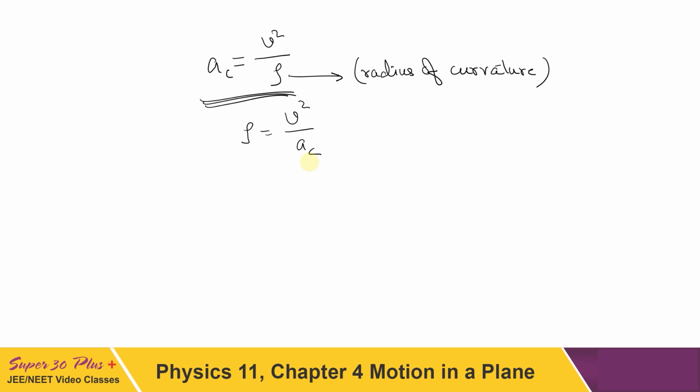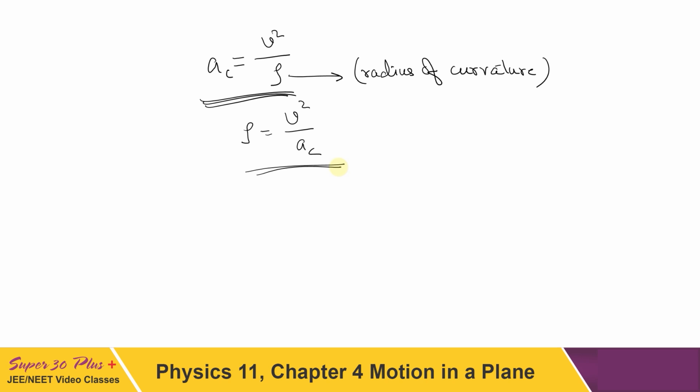So what you have to do? You have to square the magnitude of velocity and divide this with the component of acceleration which is perpendicular to velocity, because that has to be the centripetal acceleration, which is perpendicular to tangential direction. In this manner, we can solve a number of questions.